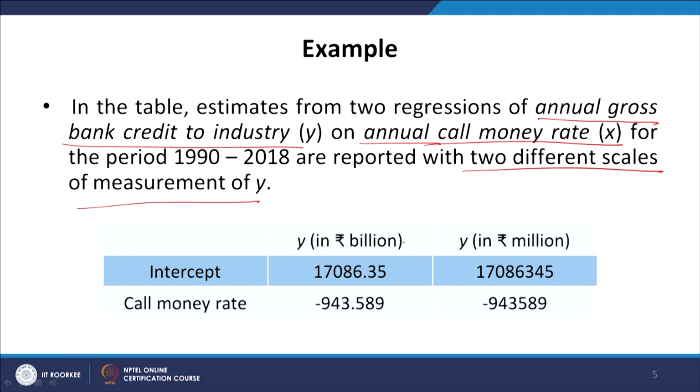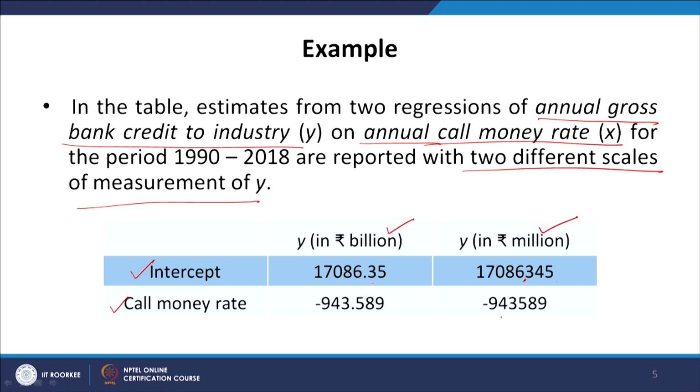That is done with respect to two different scales of measurement of y. So, y once is measured in terms of billions of rupees, and the second one is millions of rupees. So, you can see that both these parameter estimates, intercept as well as call money rate, their values are the same, just the decimal places have changed. Here the decimal place has moved 3 places when we moved from million to billion, and similarly this has also changed by the decimal moving 3 places to the left.